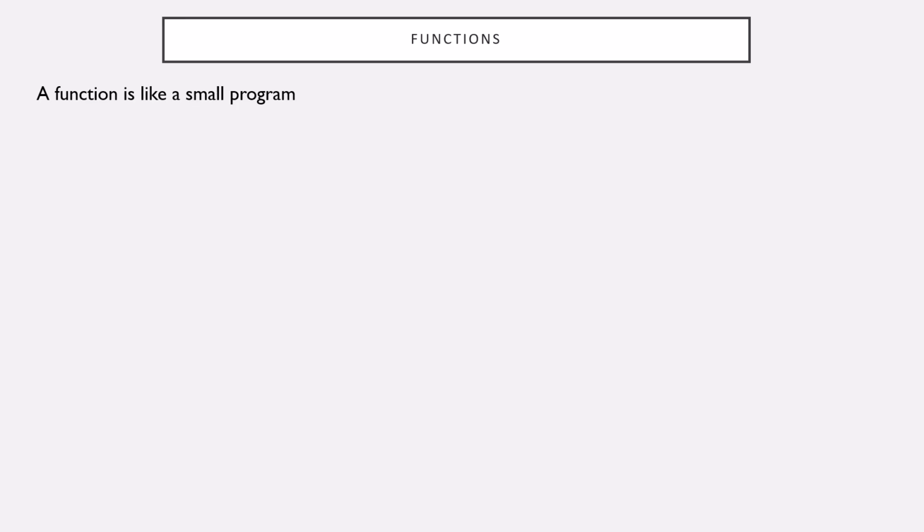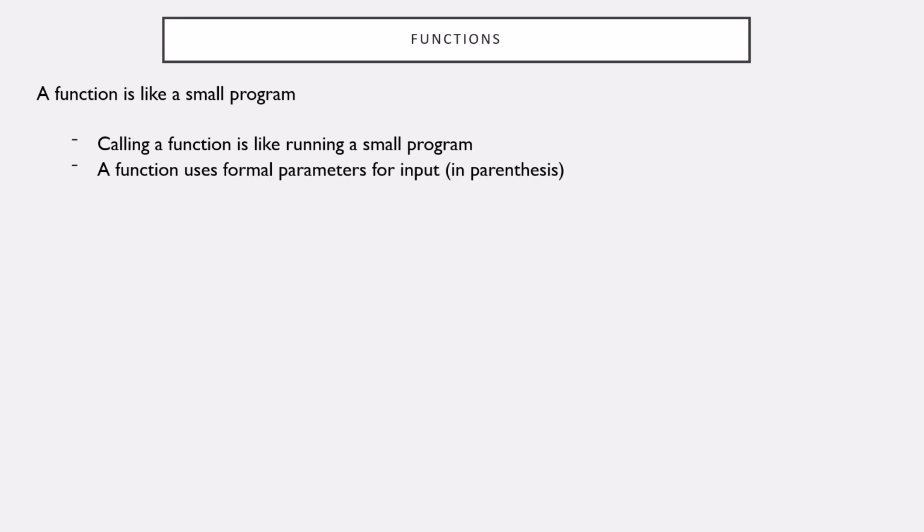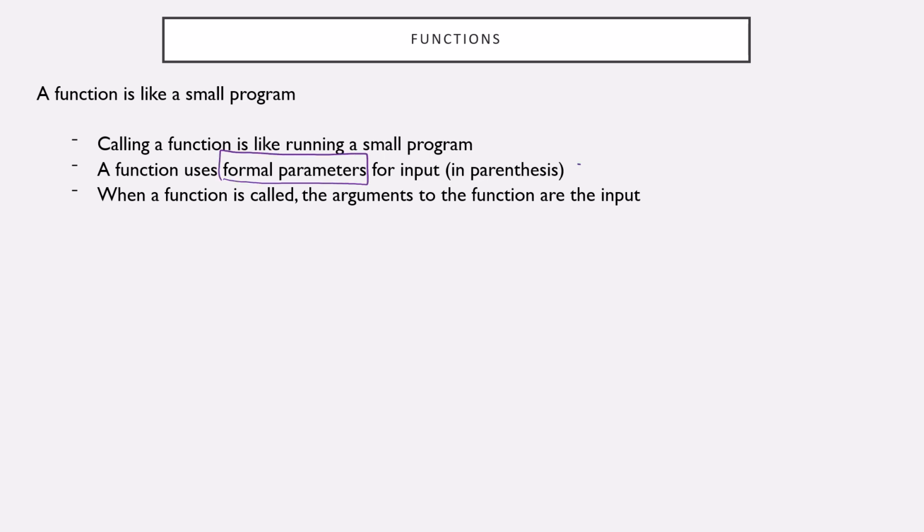All right, so a function is like a small program. Calling a function is like running its own small program. So in a C++ program, execution begins at main, and then you want to offload the work into little small subprograms called functions. So you put the parameters in order in the parentheses of the function when you call it. When you're defining your function, they're called parameters. That's in the definition. And when you call the function, they're called arguments.